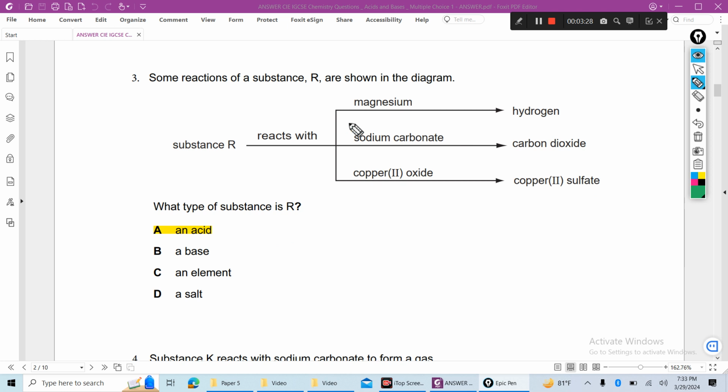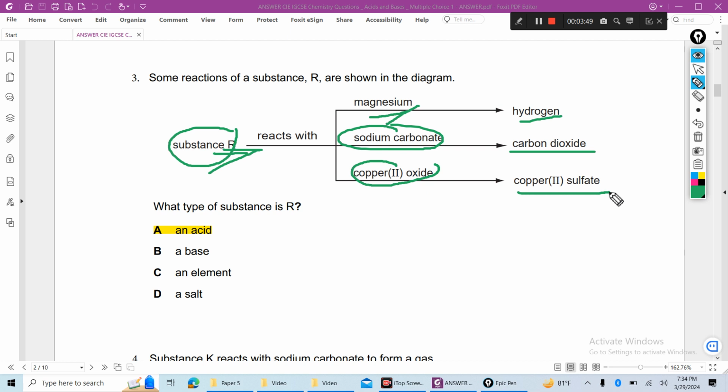Why? You know a metal reacts with acid to produce hydrogen gas, and R is an acid. Acid reacts with metal carbonate to produce carbon dioxide gas, and also acid reacts with copper 2 oxide to form copper 2 sulfate.